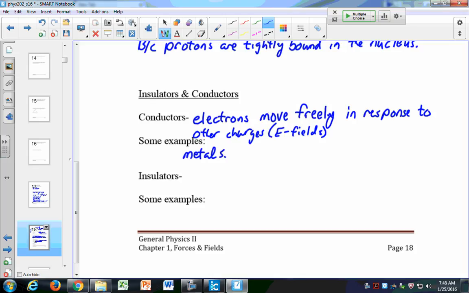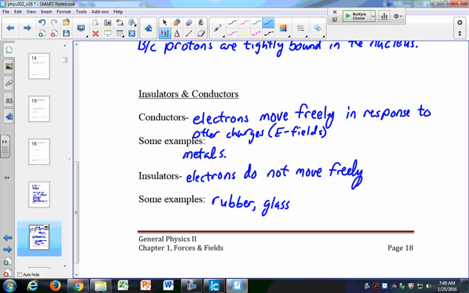And insulators are just the opposite. Electrons do not move freely. They're tightly bound. Some examples: rubber, glass, wood, fiberglass too, right?